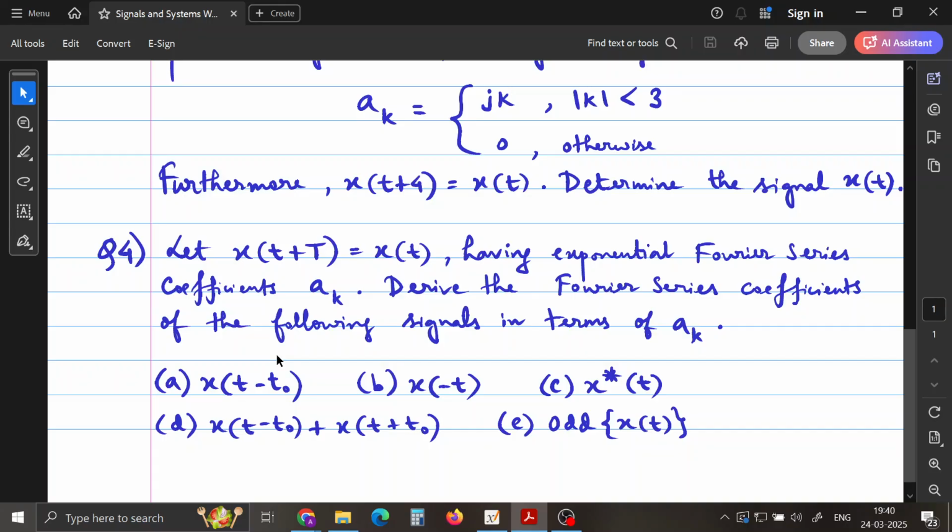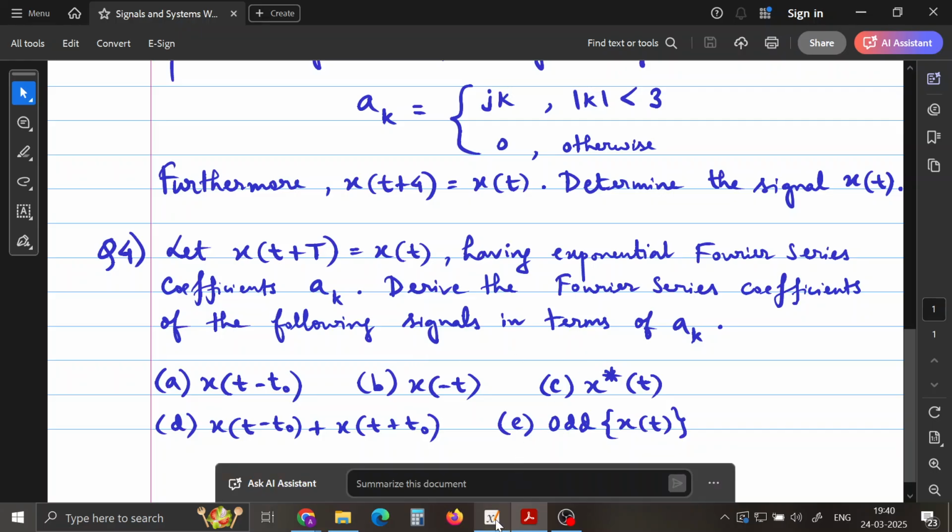Likewise you have other parts. For example, in part B, you are given a time reversed version of your original signal, x of minus t. So what are the Fourier series coefficients of x of minus t in terms of your original coefficients ak, and so on. So let's do it part by part.